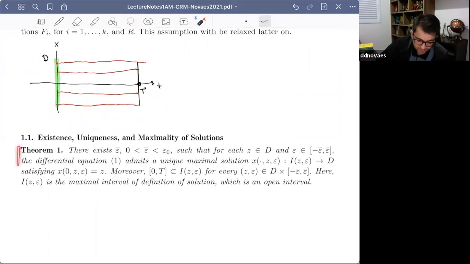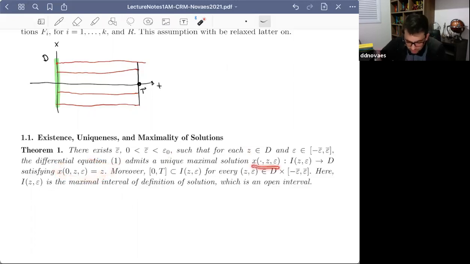The result is the following: there exists an epsilon bar, of course smaller than epsilon 0, such that for each initial condition z, the differential equation (1) admits a unique maximal solution satisfying x(0) equals z.